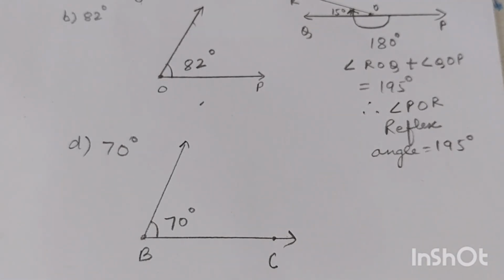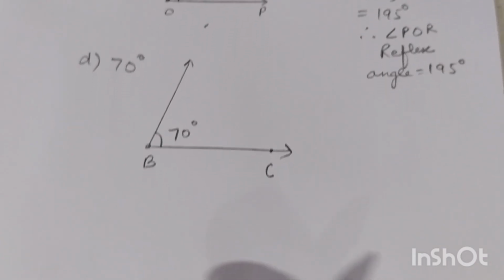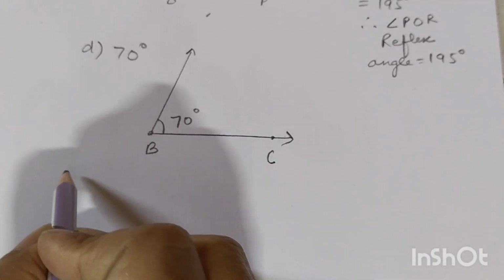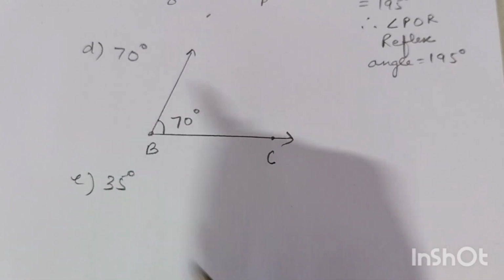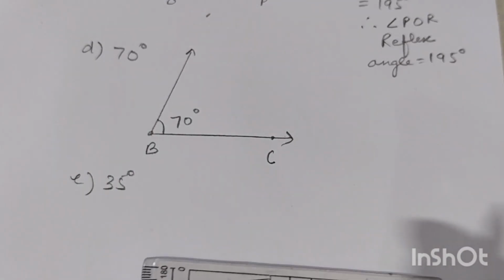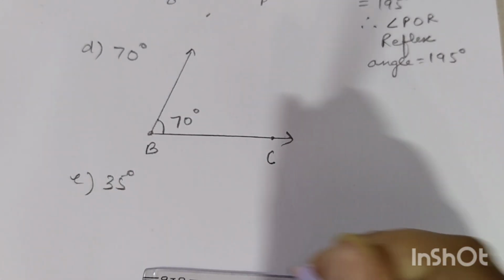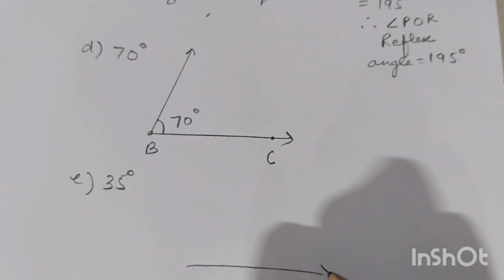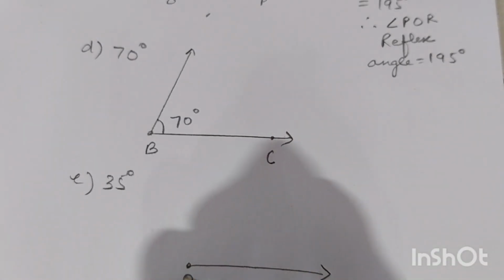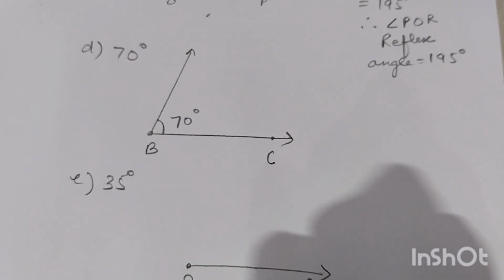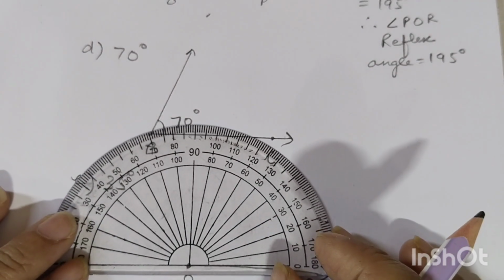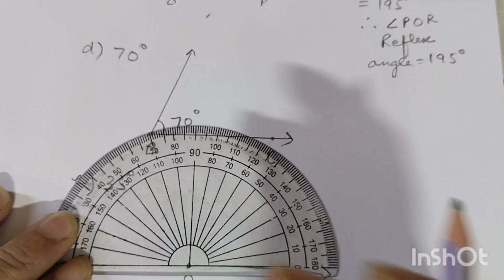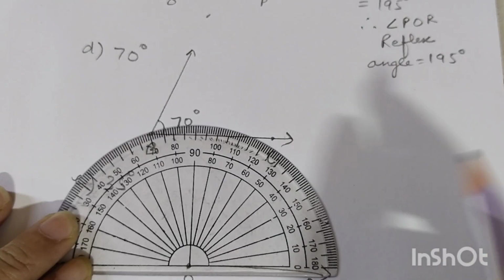Now last one is of 35. A part 35-degree. Make a line. Make it a ray OP. Place your protector like this. Mark at 35-degree.